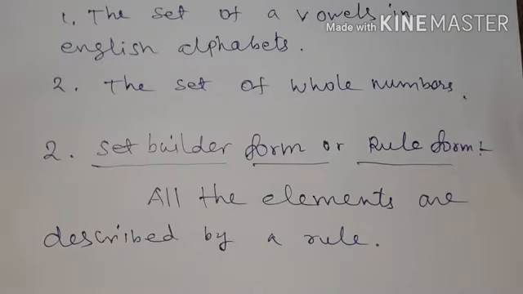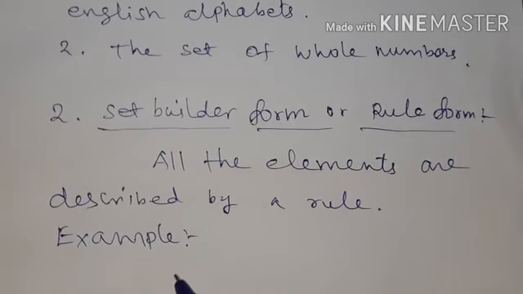Second one, set builder form or rule form. All the elements are described by a rule. For example, the descriptive form is already written: the set of vowels in English alphabets.